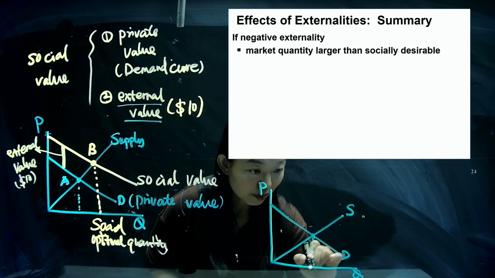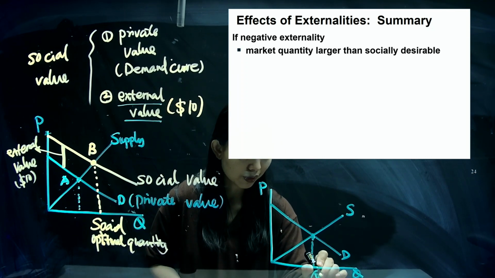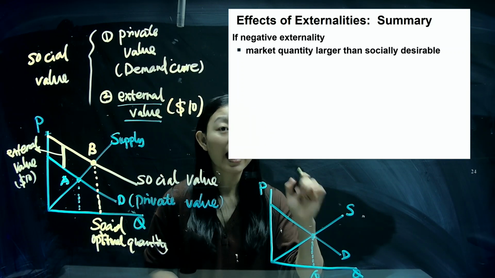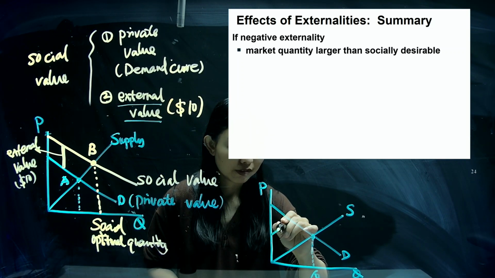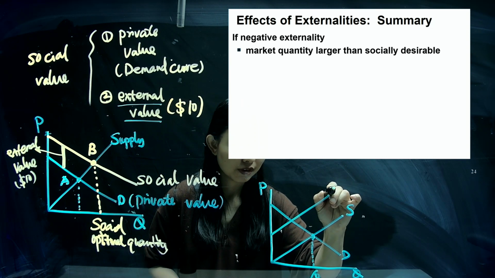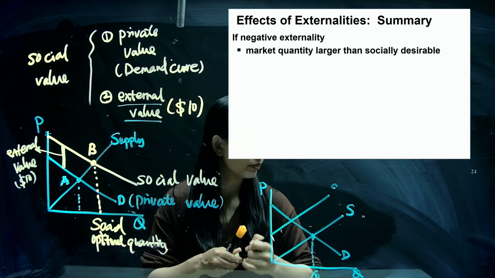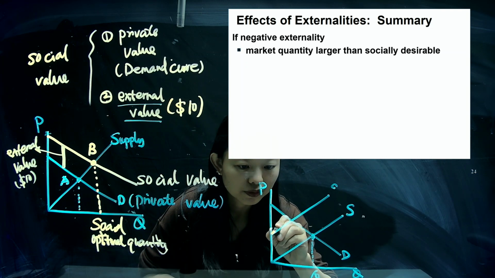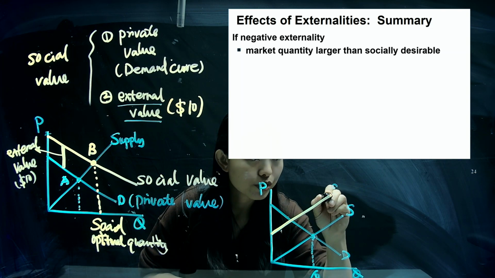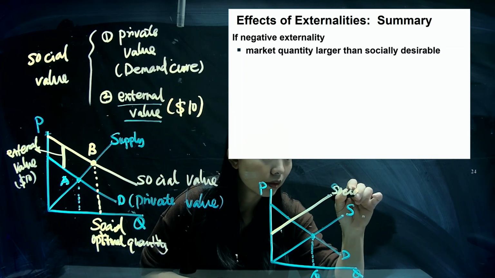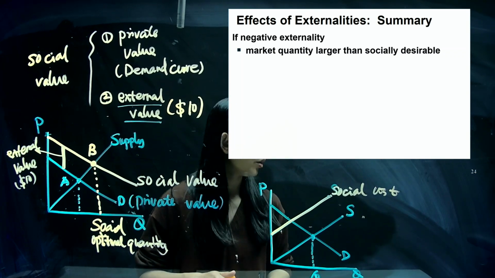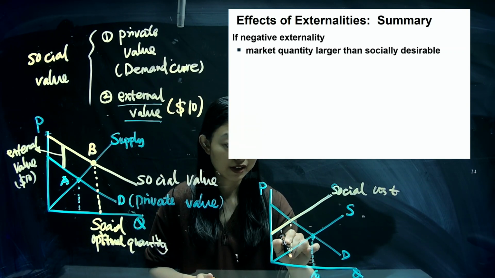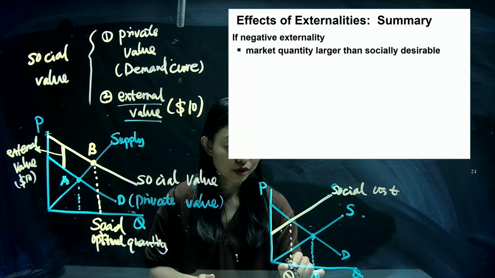This is the market equilibrium, and this is the market equilibrium quantity. However, with the negative externality, this is the social cost, considering the negative externality. You can see the social optimum.